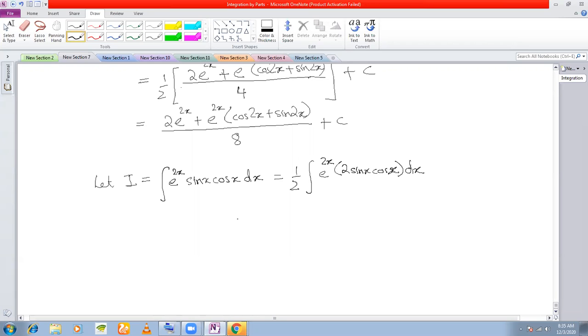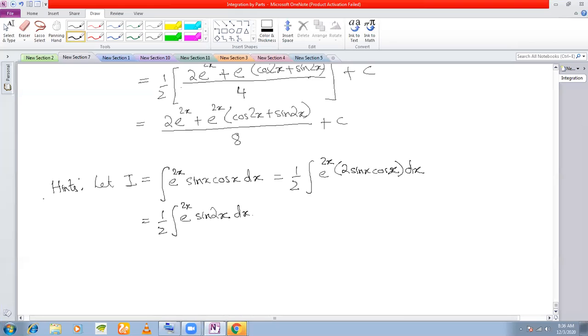Now this can be written as half integral e to the power of 2x sine 2x dx, by the multiple angle formula. Now we proceed exactly as we have proceeded above, right? So this was just the hint. You can do it on your own.